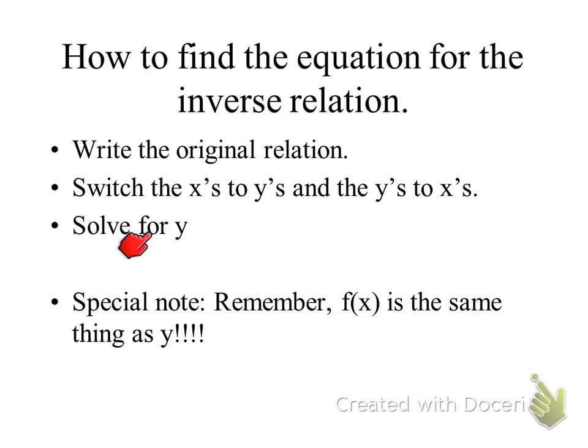Because in their tables, their x and y columns switch, or as we underlined those key phrases, the domain and the range switch. That's why in the equation we switch the x's to y's and the y's to x's, and then we resolve for y. Remember, f of x is the same thing as y.